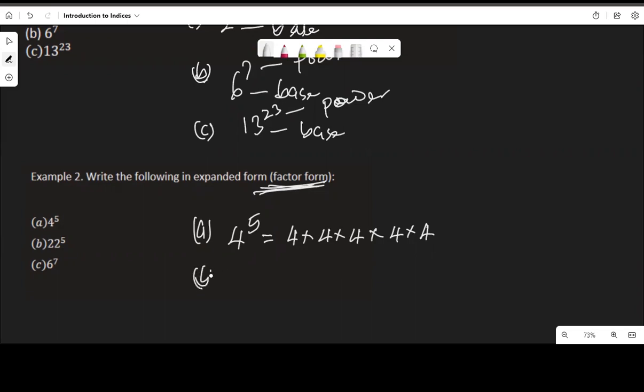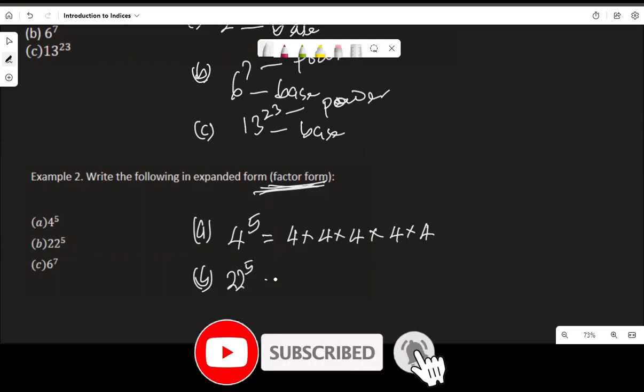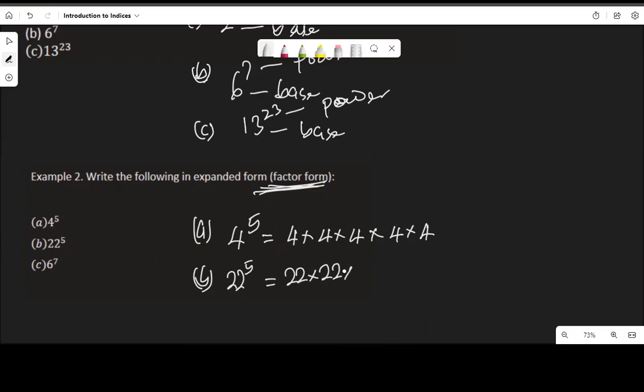Then the second one, we have 22 to the power of 5. That will be 22 times 22 times 22 times 22 times 22 in 5 places. 1, 2, 3, 4, 5. This is the expanded form. This is the index form.